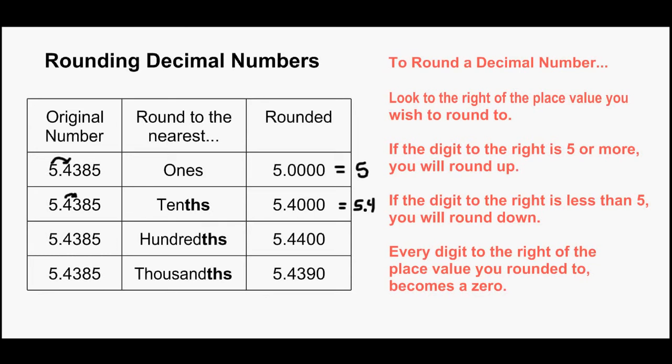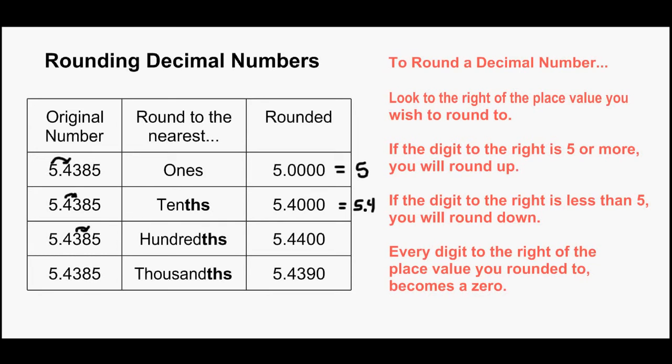Our number rounded to the nearest hundredth. If we look to the right of the hundredths digit, we see an 8. According to the rounding rule, if the digit to the right is 5 or more, you will round up. So our digit in the hundredths place will round up from 3 to 4.